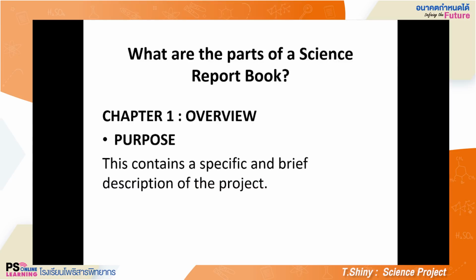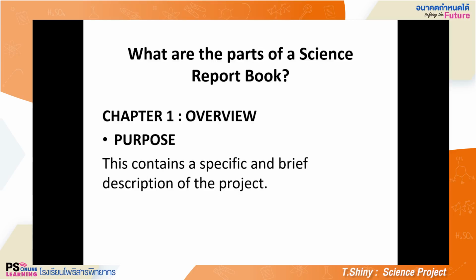So the purpose contains a specific and brief description of the project. If you remember, the purpose is also a part of your abstract. So in chapter 1 overview, you can restate or rewrite the purpose of your science project from your abstract. It states the general principle being studied and any specific results to be obtained.